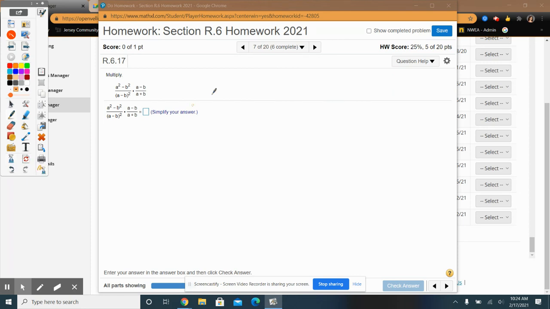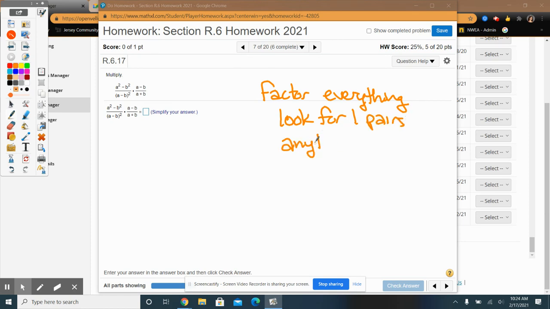So what we like to do on these is we like to factor everything. And then you look for pairs, with anything on the top simplifying with anything on the bottom.